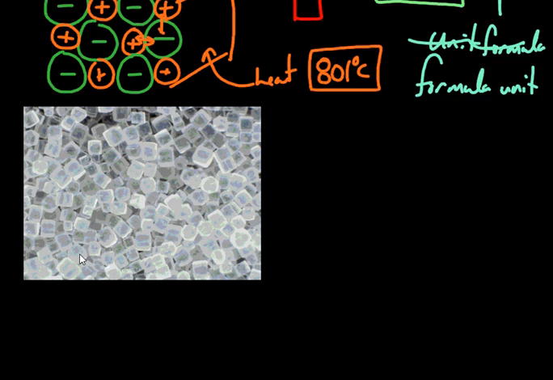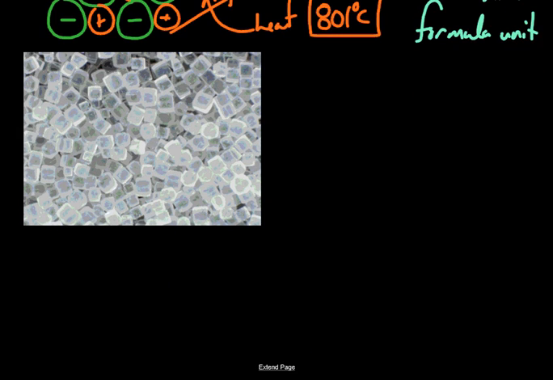So why do they dissolve in water, and why are they electrolytes? We have to jump slightly ahead here and look at a water molecule. A water molecule consists of oxygen and 2 hydrogens. Oxygen has this property called electronegativity, which just means it attracts electrons very strongly. These are not ionic bonds. These are molecular bonds.